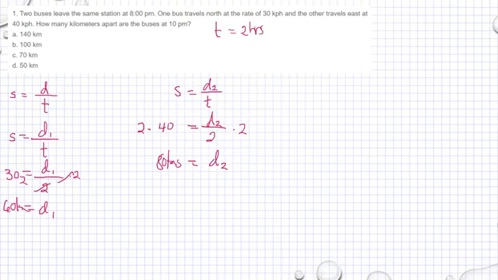If we're going to study once again, the question is that one bus travels north and the other bus travels east. That means one travels north. If this is the origin, that one travels north and this one travels east.